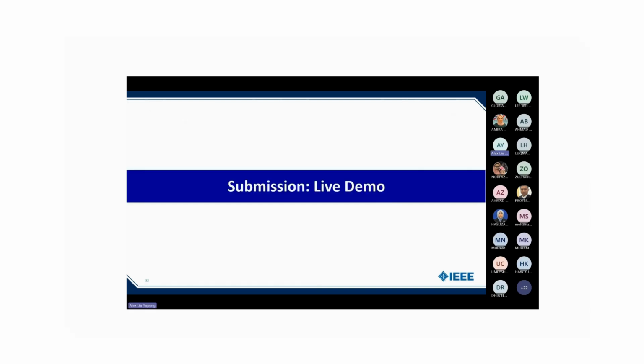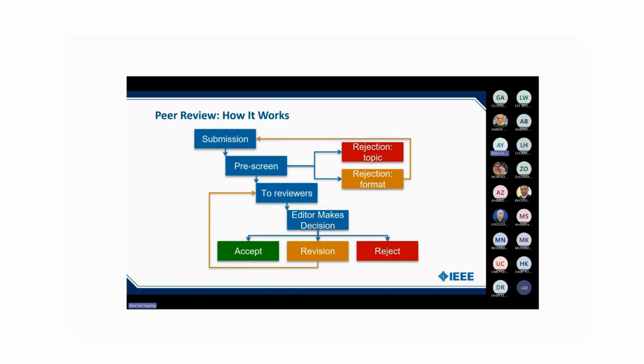The next one, submission. I will do a live demo later to show you how to find the journal, submit to the journal and conferences. I will discuss with you the peer review process first, because after your paper is submitted, this is how the process works.